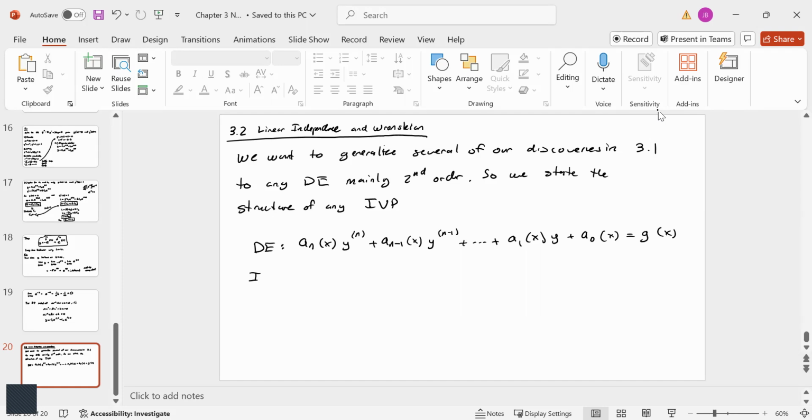And so the initial conditions that you will get is you pick any x value, x naught, and from there you use it for all of them. And you basically just go up in derivative, and you stop one derivative less. So if you have an nth derivative, the highest the initial condition will go is to the n minus 1 derivative.